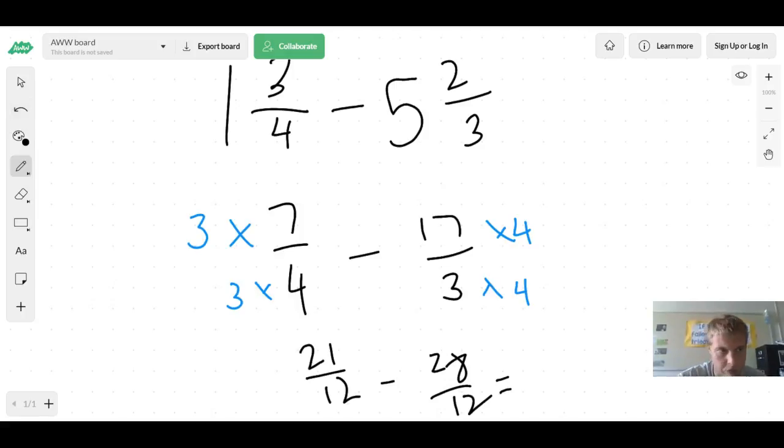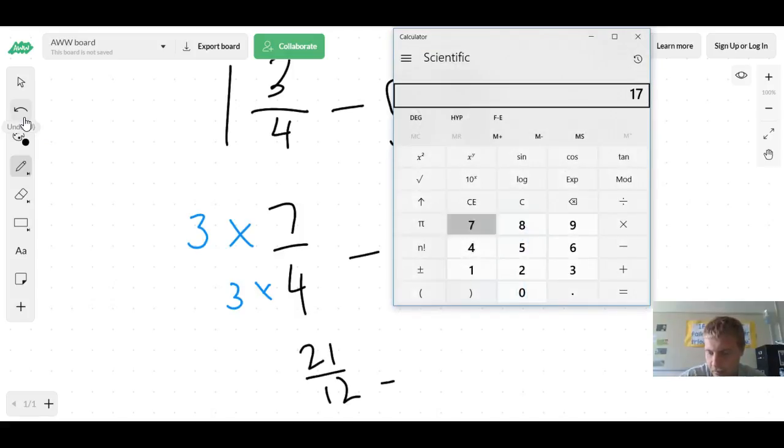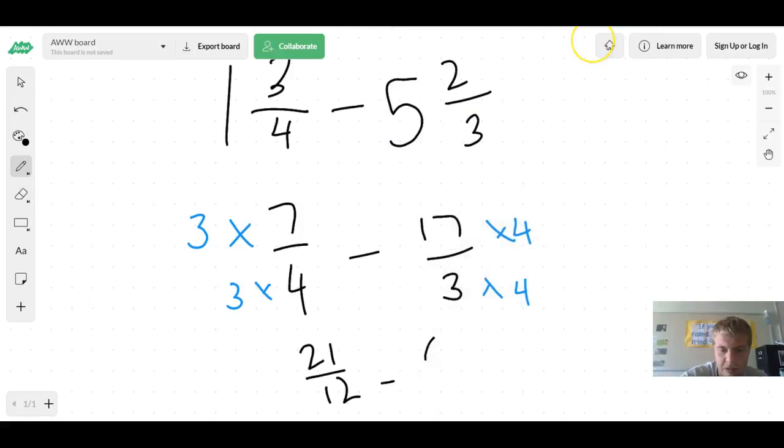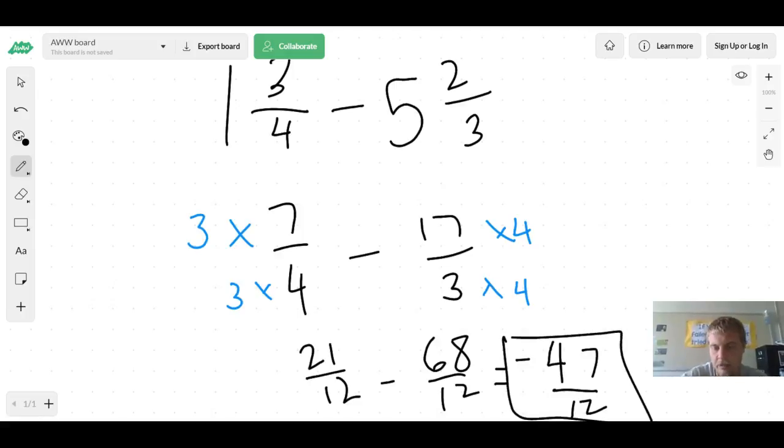Or, that's not 28. Hold up. 17 times 4 is a bigger number than that. 68. So that's going to be 68 over 12, which would give us a grand total of negative 47 over 12, and that would be our final answer.